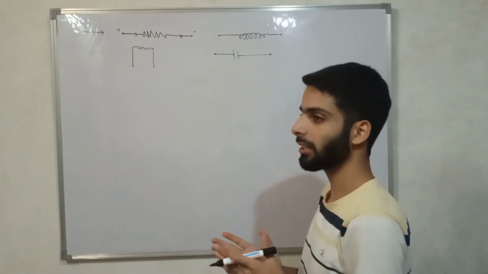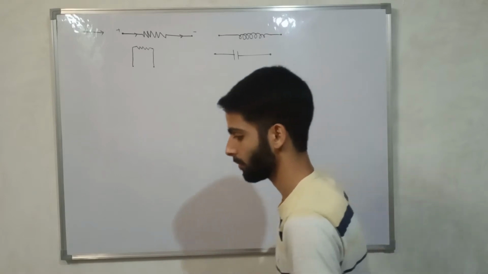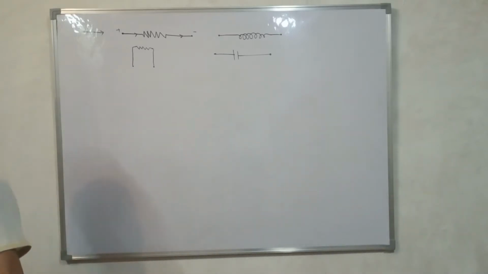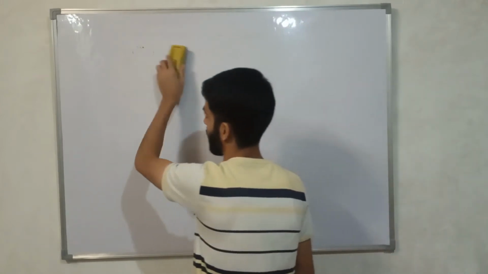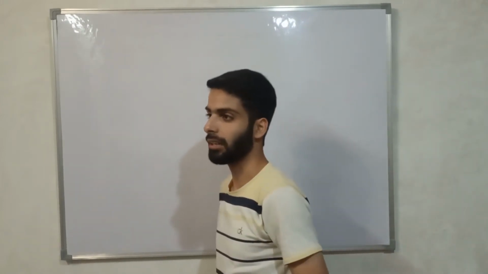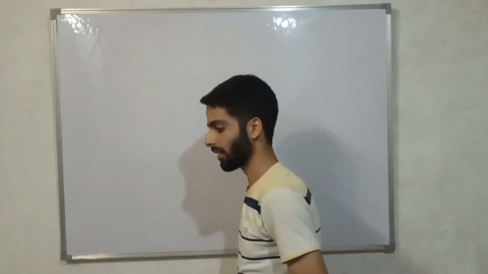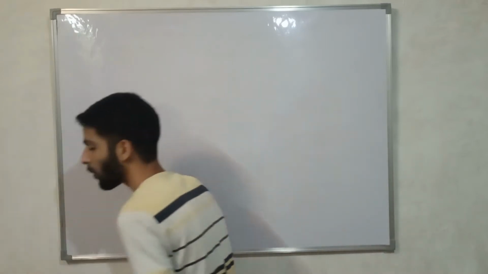So what are two-port networks? The examples of uniport networks are the resistor, capacitor, inductor, etc., the basic elements used in an electrical circuit. Examples of two-port networks are, for example, transmission lines.